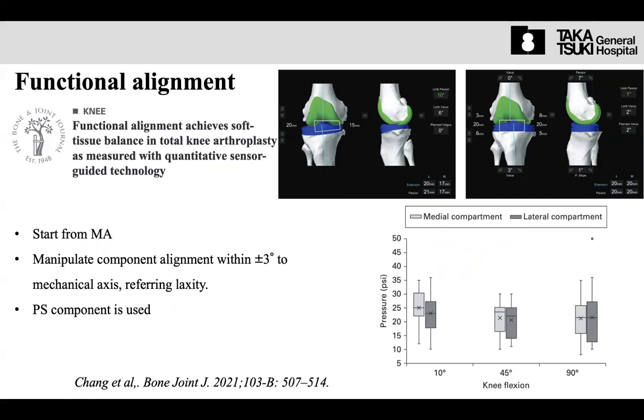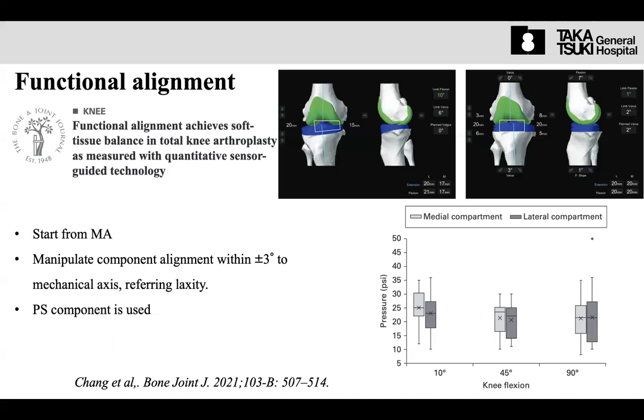That is the mechanical start technique. The other technique is the kinematic start technique. The components are first set parallel to the joint line, then adjust the cutting plane to make the balanced gap. Eventually, the final goals of the two approaches come to the same area.